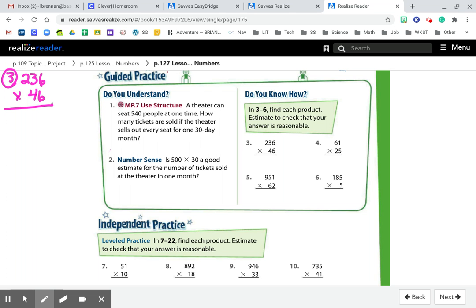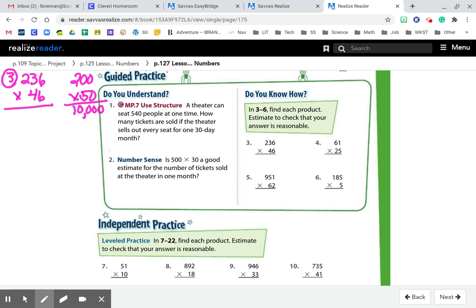So I think I'm going to say largest place value, I would round 236 to 200, and I'm going to round 46 to 50. So when I multiply that out, solve a simpler problem, 2 times 5 is 10, annex my 3 zeros, my answer should be around 10,000.